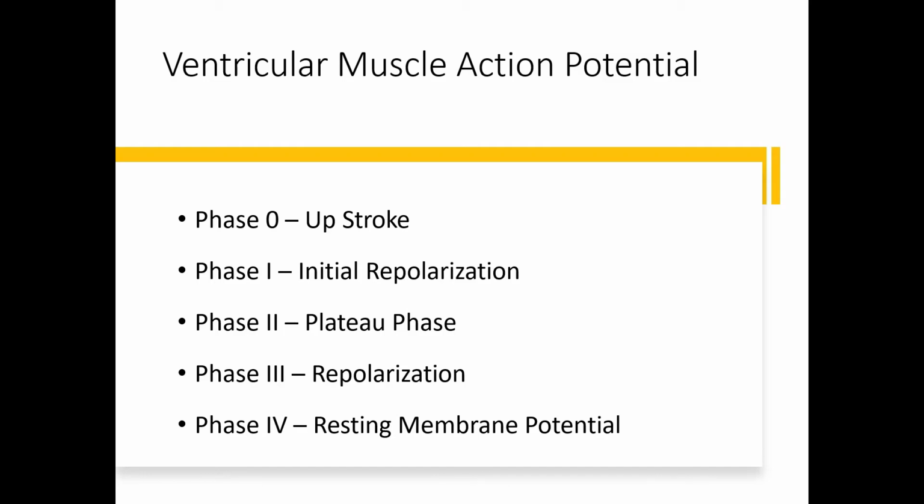The initial repolarization phase is very small, so you will not see a huge downward deflection. Then all of a sudden there is a plateau phase, and then we have proper repolarization and the proper resting membrane potential. We will discuss each in detail.